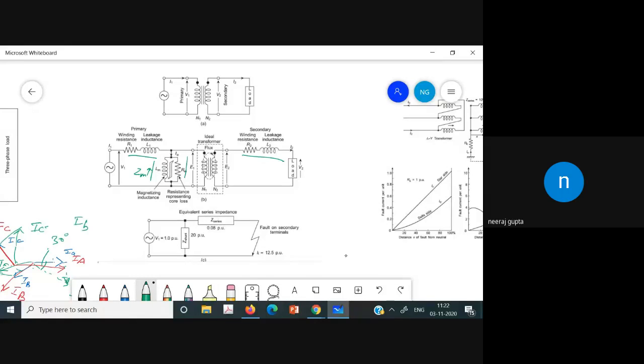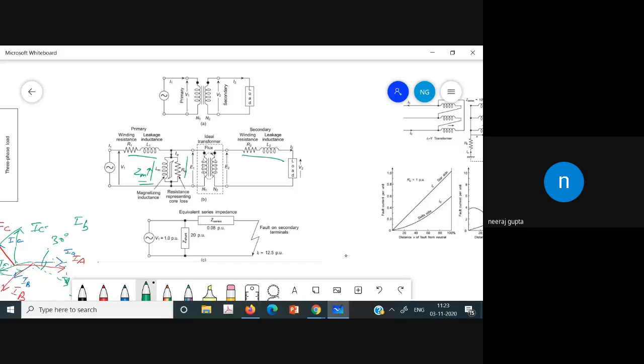This is the shunt branch, which represents the magnetizing branch. It accounts for the core loss and has a much larger impedance compared to the series branch.